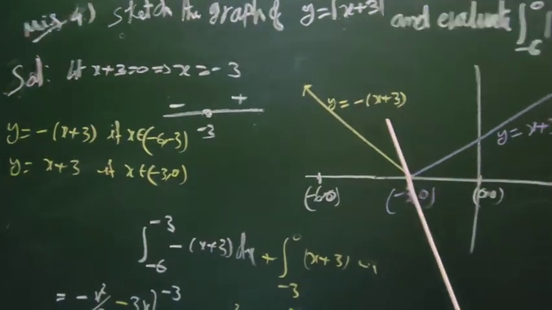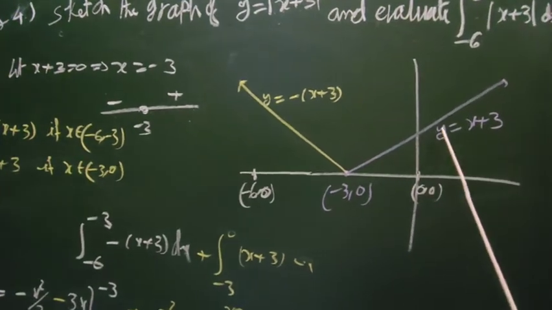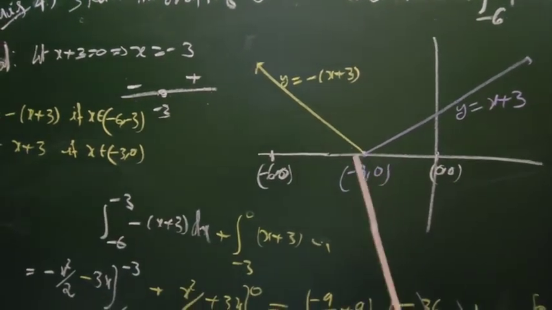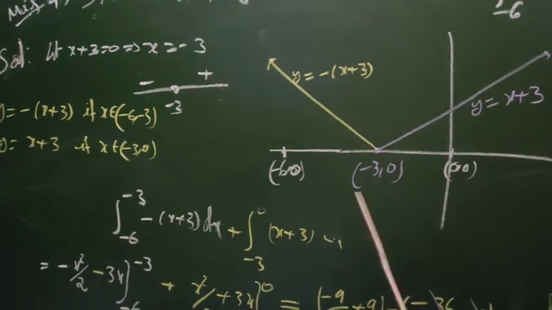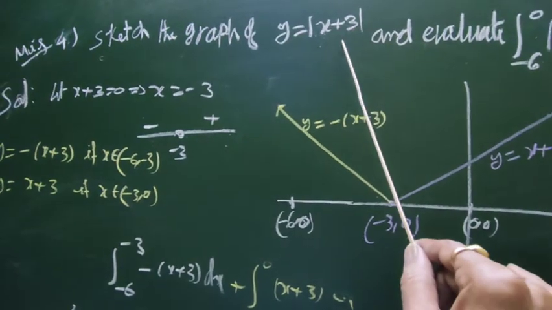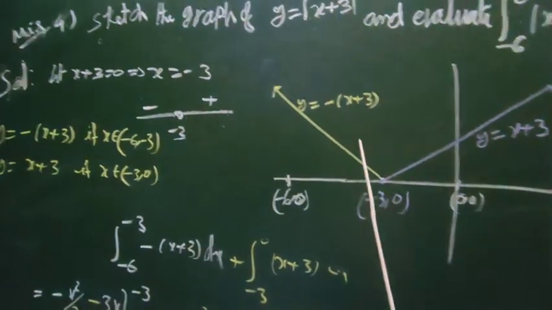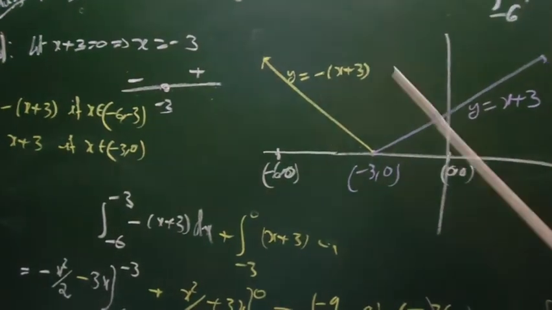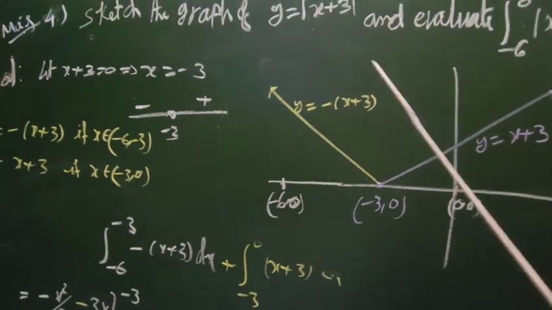Then the diagram: it is the two lines, y is equal to x plus 3 and this. Why are you putting this point minus 3 comma 0? Here x equal to minus 3, then y is equal to 0, this is the point. Now this line and this line, only upside. Why is it upside?